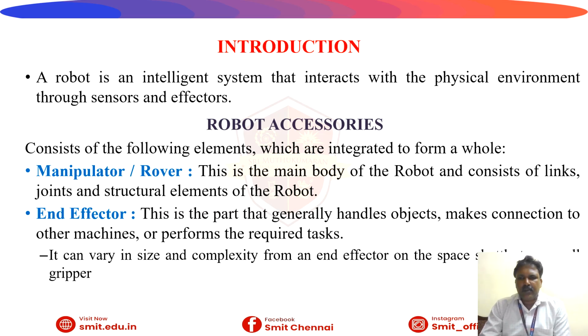As humans we have a hand to handle objects; likewise, in the robot we call it an end effector. It varies in size and complexity, and a gripper also comes under the end effector concept.